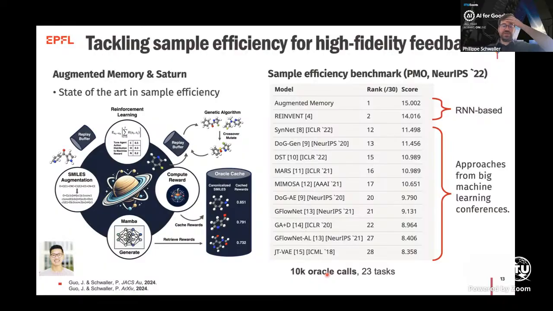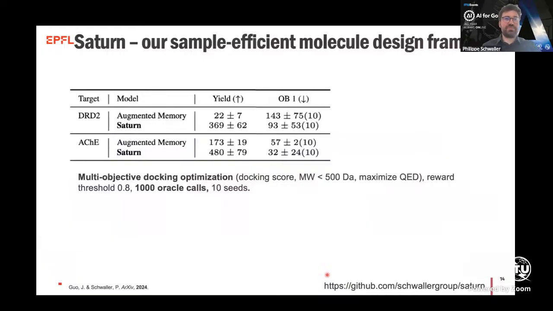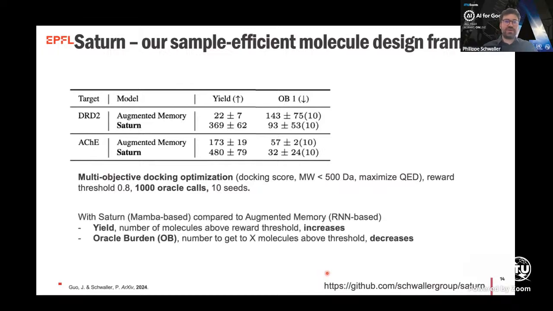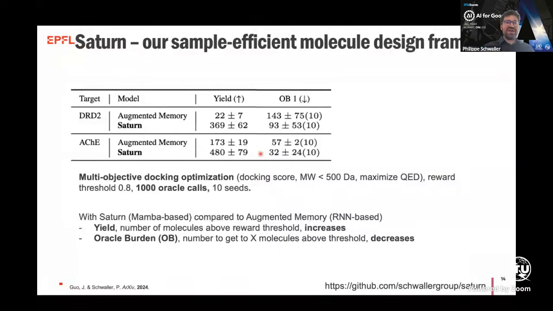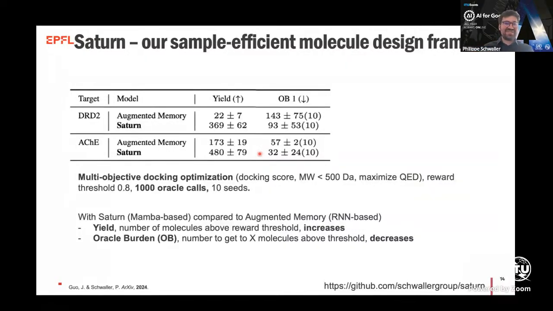More recently, we decoupled Augmented Memory from REINVENT and introduced Saturn, and using Mamba models instead, so state space models instead of LSTMs, we were able to further increase the sample efficiency compared to the LSTMs. I think the interesting point here is that in literally every other field, you could go from LSTMs to transformers and see some improvements, but here in sample efficient molecular design, we couldn't get much better results from a transformer model.